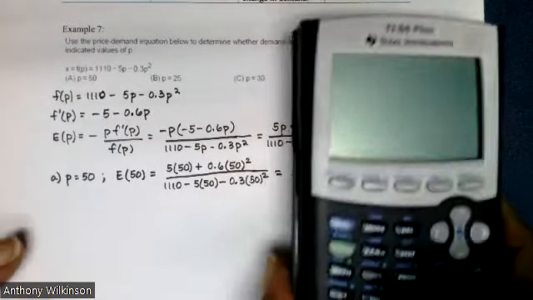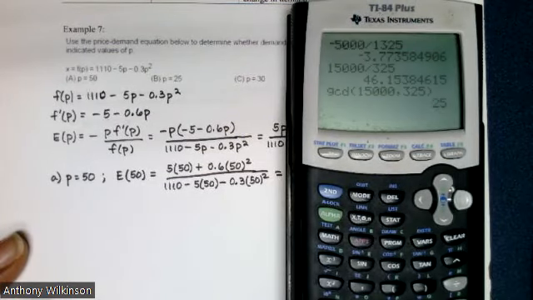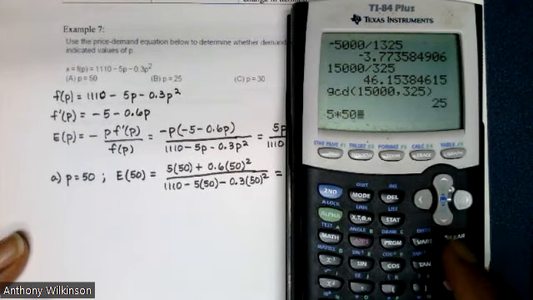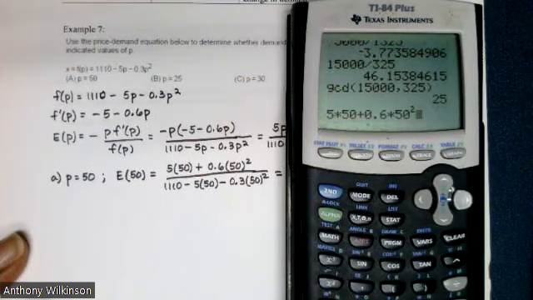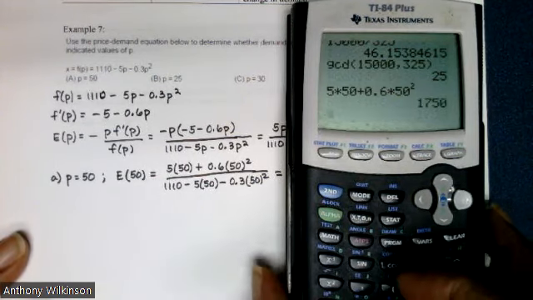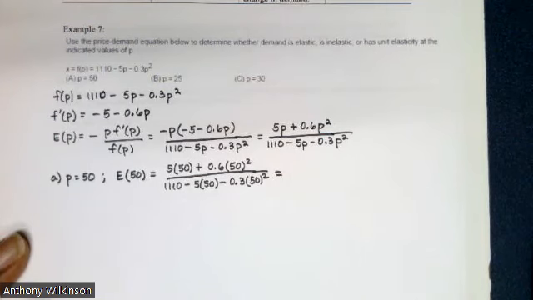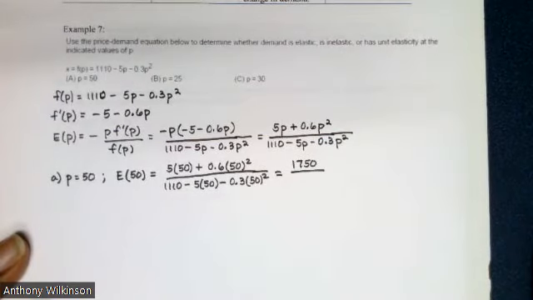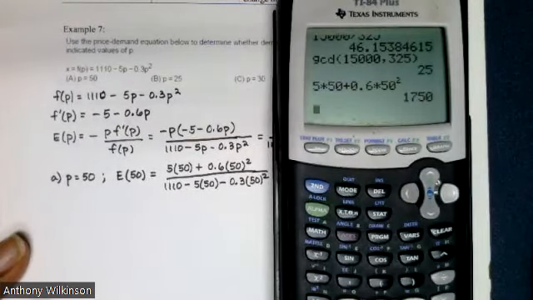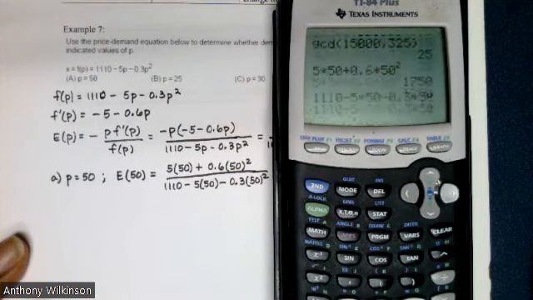I'm going to do each one of these, numerator and denominator, separately. So the numerator will be 5 times 50 plus 0.6 times 50, and that's squared. The numerator will be 1,750. Divided by my denominator, which is 1110 minus 5 times 50 minus 0.3 times 50, and then that's going to be squared.